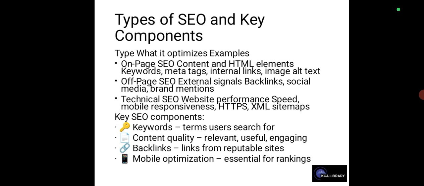Then technical SEO focuses on website performance, speed, mobile responsiveness. An example is sitemaps. Okay. So key SEO components include keywords, terms users search for, content quality, then backlinks, links from reputable sites, and etc.